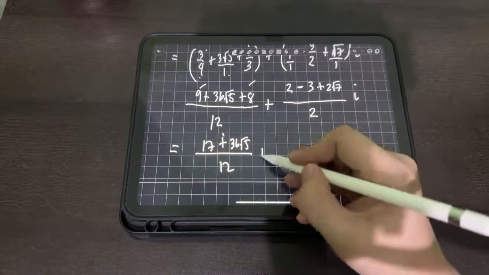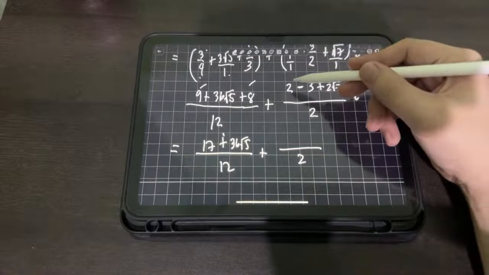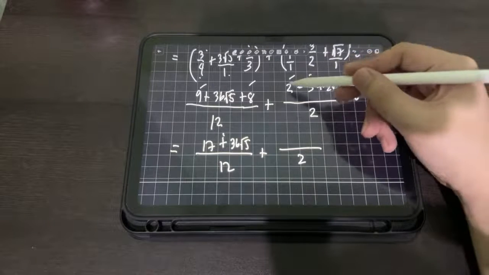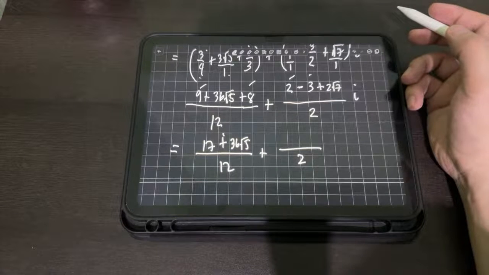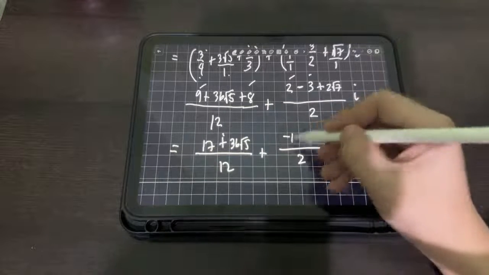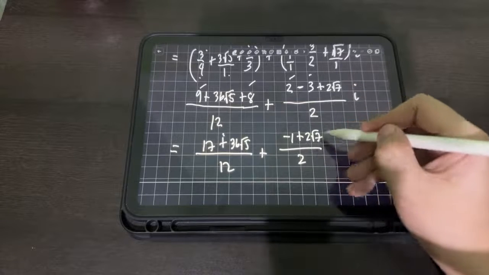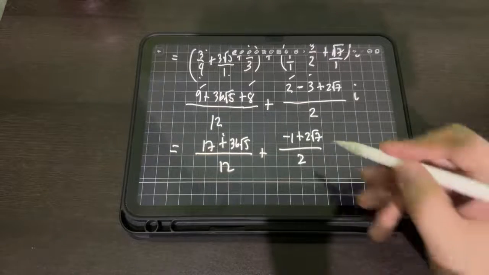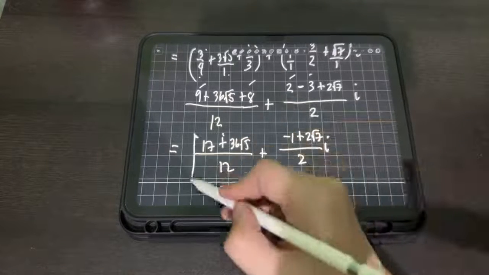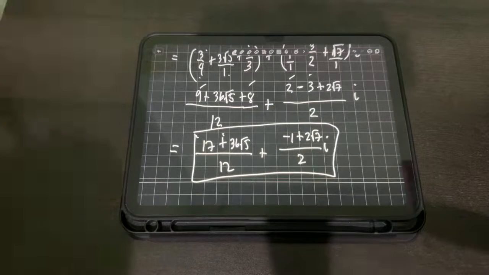Okay, and then plus, likewise here, we can combine further the whole numbers, 2 minus 3, that's negative 1. And then just affix or copy this 2 square root of 7 because it also has an irrational part, square root of 7. So this is the exact value of the complex number.